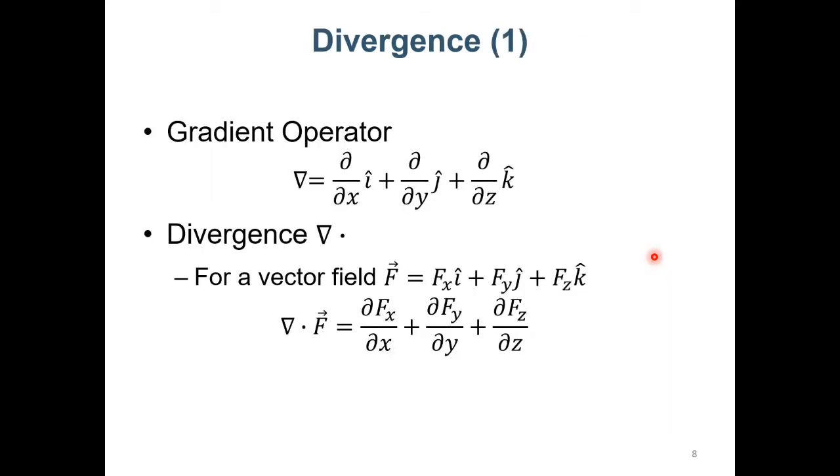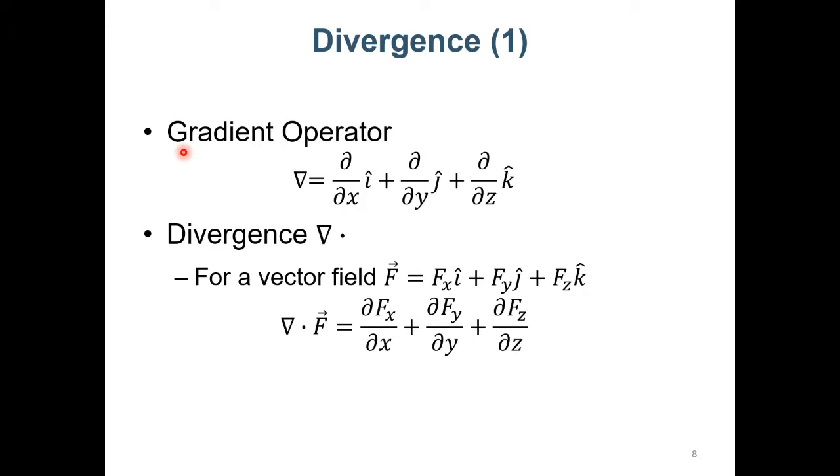So let's jump to the next page, which is about the divergence. Divergence can be seen like this. You know the gradient operator from chapter 24.